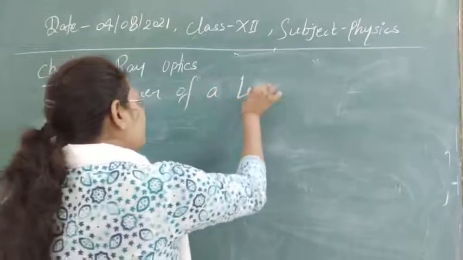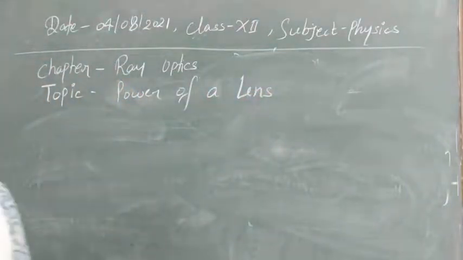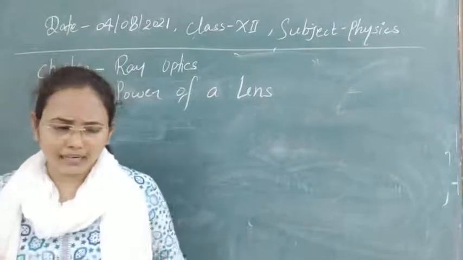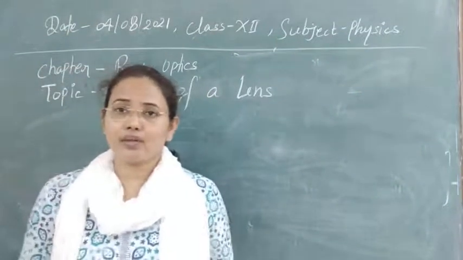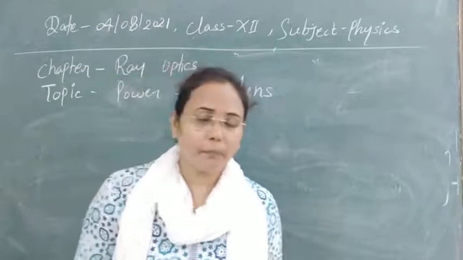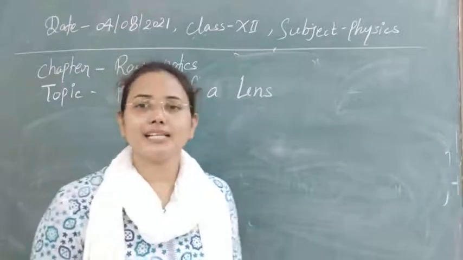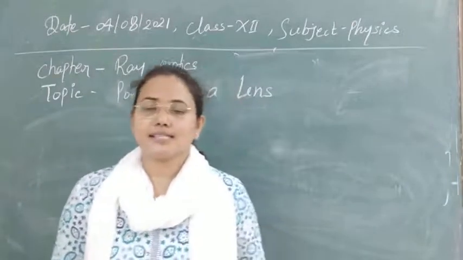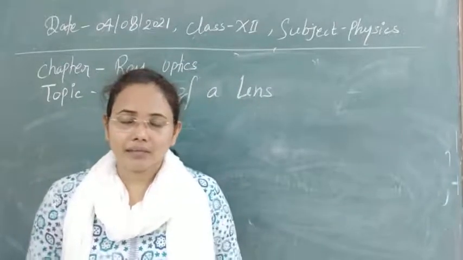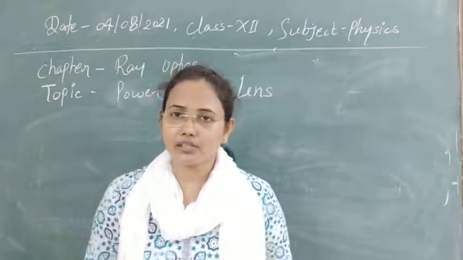So what is the power of the lens? Power, as the name makes clear, is about the ability to do something, like power, the ability to do work. Here also, what are we doing exactly with the lens? Some lenses are converging the light, some are diverging the light.